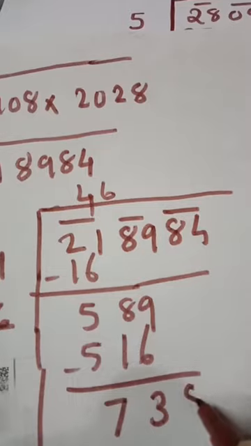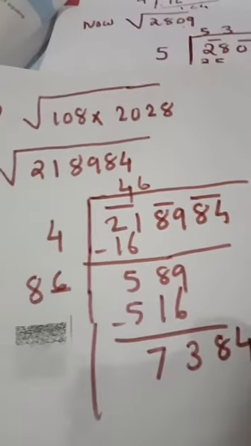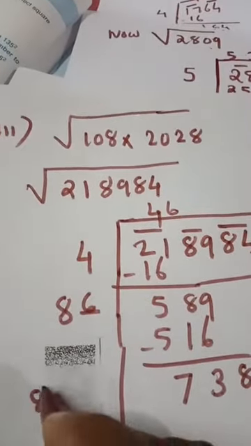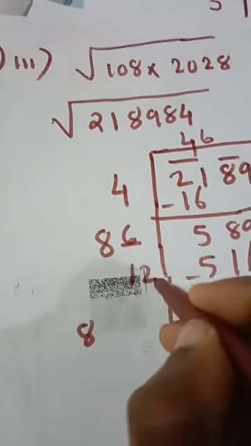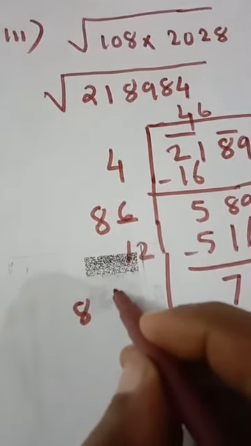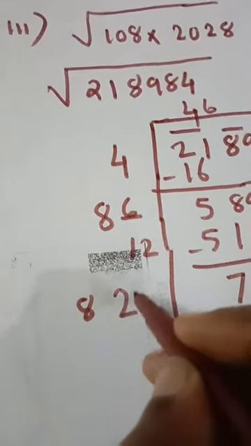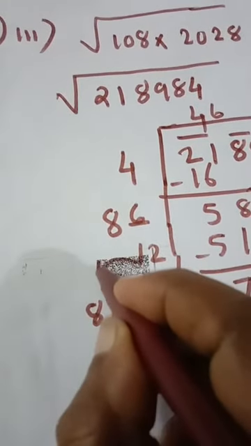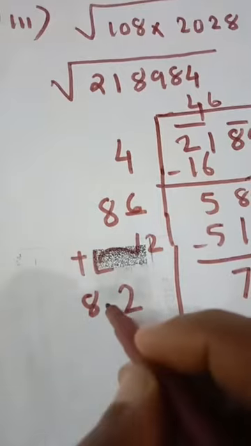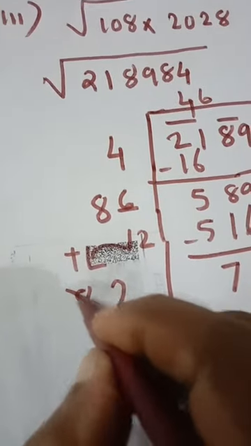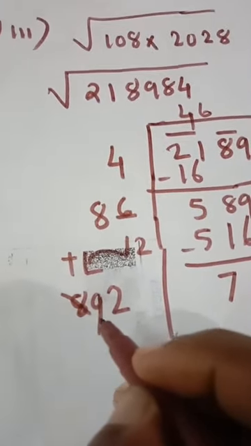Now bring down the next pair, it is 84. Here 8. Double of 6 is 12, so don't write 12, 2 only, and 1 is carried over. So add 1 here. 8 plus 1 is 9. So this is 92.